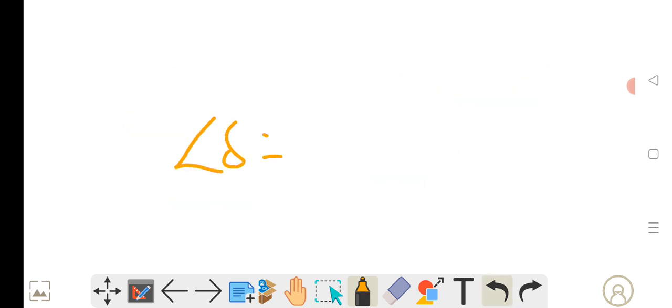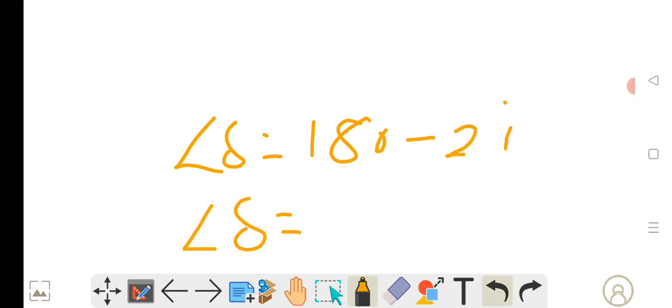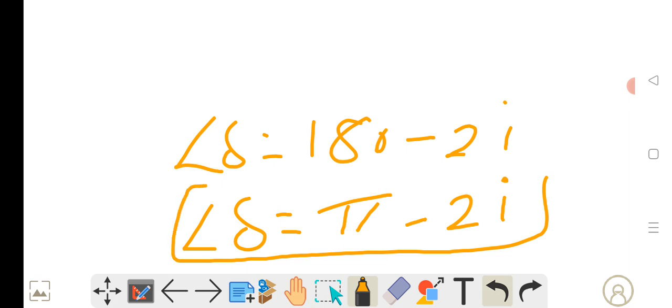Angle delta is equal to 180 minus 2i. If you are writing in radians, 180 degrees value is pi, so delta is pi minus 2i. I hope all of you understood this. 180 minus 2i is your answer.